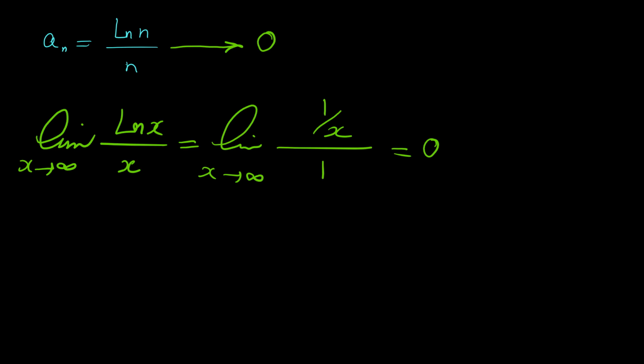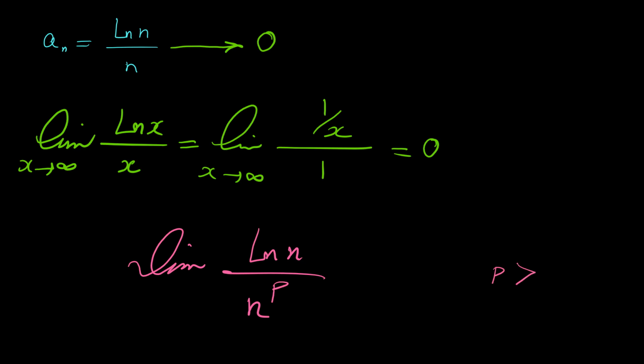As we expected. And let me generalize this again for you as a formula, as a thing that you can keep in your head. Limit of ln of n over not only n, but n to any power p, where p is positive.